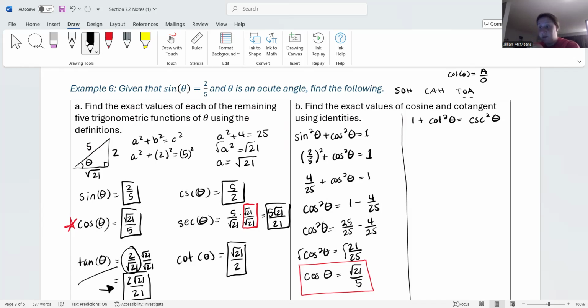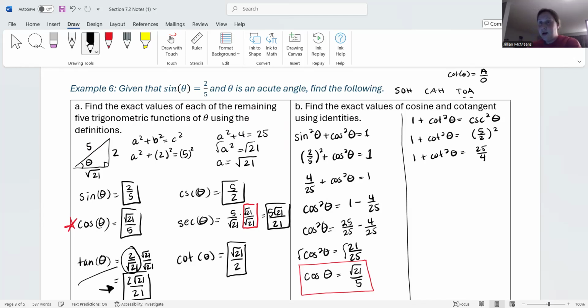So if sine is 2/5, cosecant has to be 5 over 2. So we have 1 plus cotangent squared theta equals the reciprocal of 2 over 5, squared. So 1 plus cotangent squared theta equals 25/4.